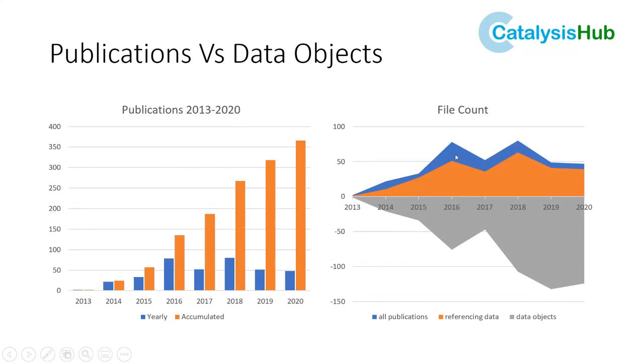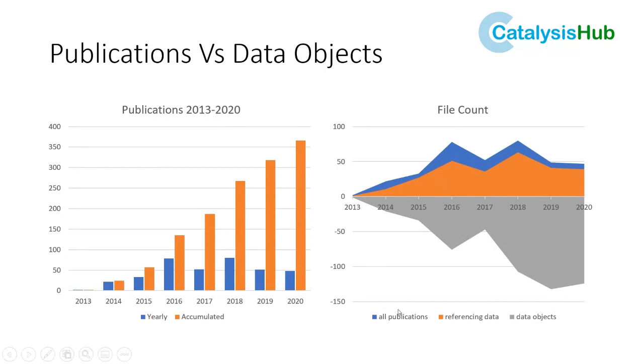In this part, the file count is the blue part, the total, and the orange part is the portion of the total that cites some data. So we also see an increase in the rate of publishing or referencing some data in addition to the data in the article itself.